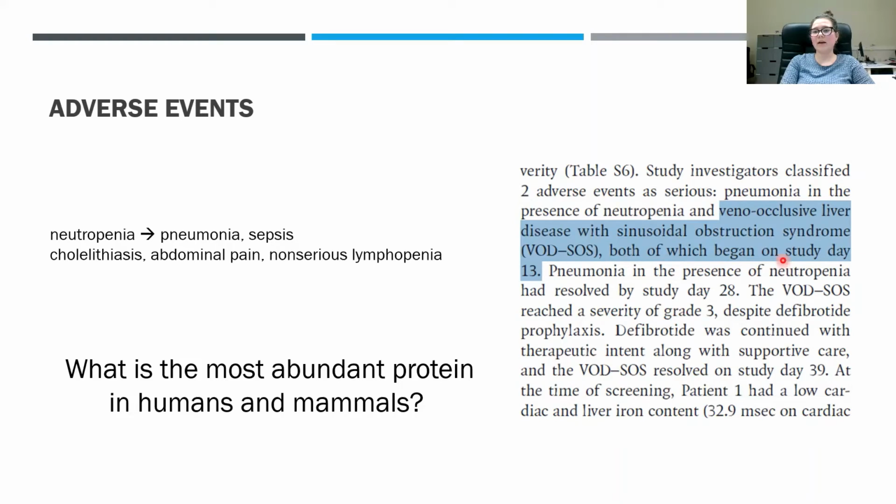It began on study day 13 and was resolved on day 28, and on day 39, another symptom was resolved. So these patients need very, very close monitoring because complications can result.